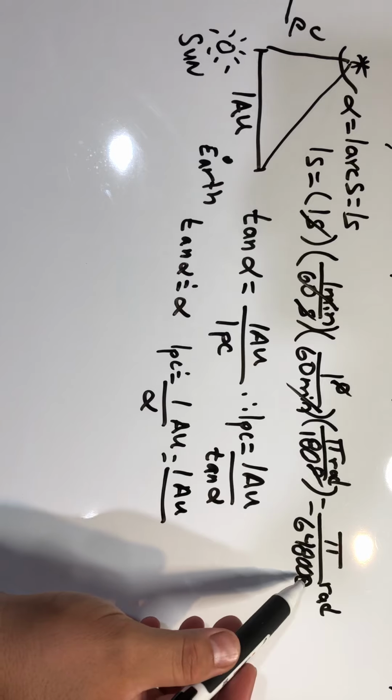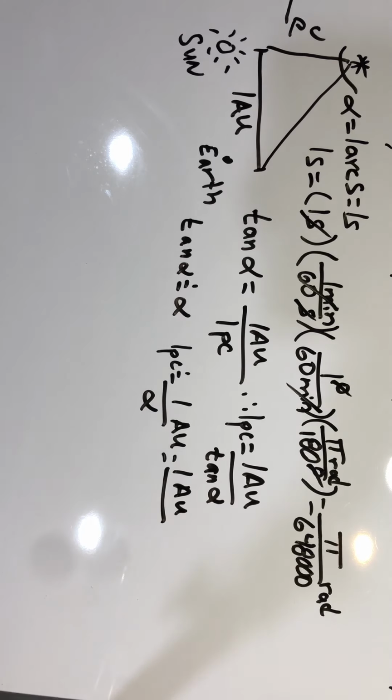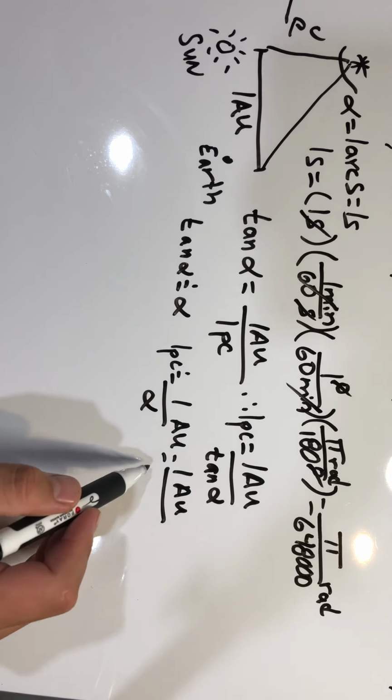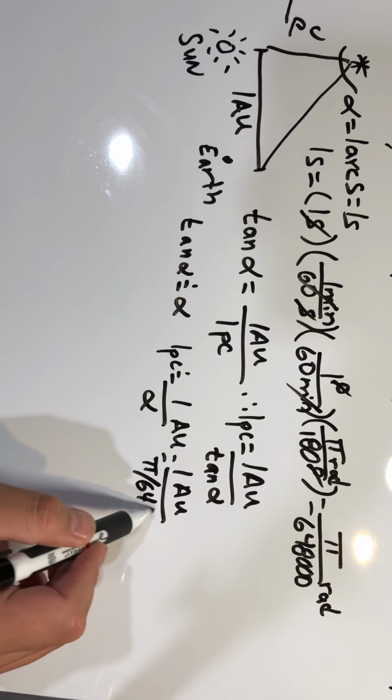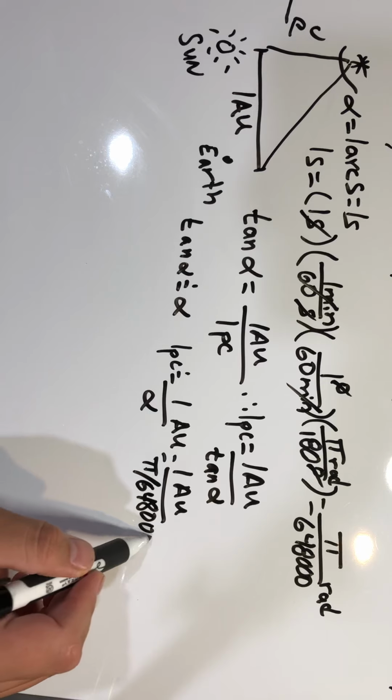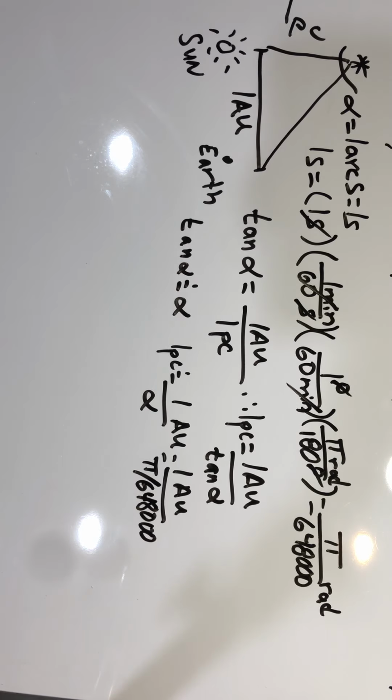It's up here. Pi divided by 648,000 radians, okay? So you're going to write down pi divided by 648,000 radians. And like I said, radians is a unit that is not a unit. In a way, I don't have to write it down because it comes from a ratio, okay?